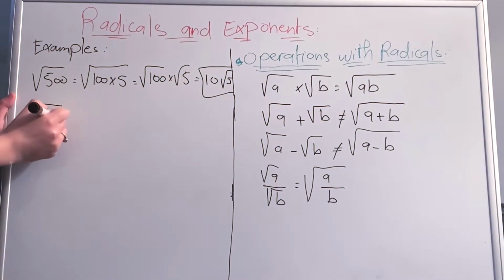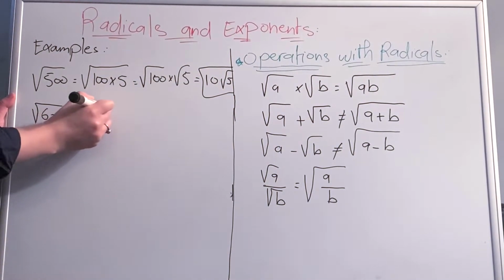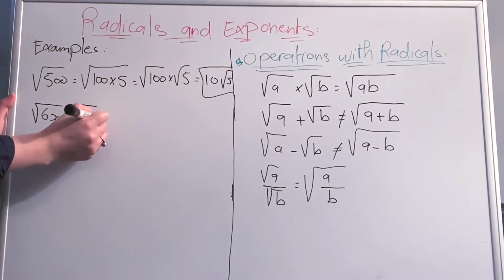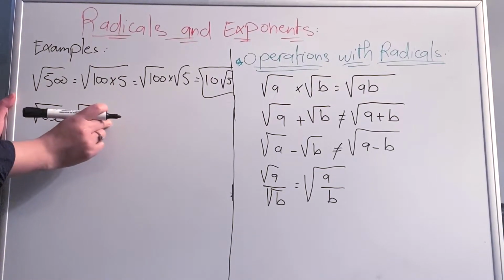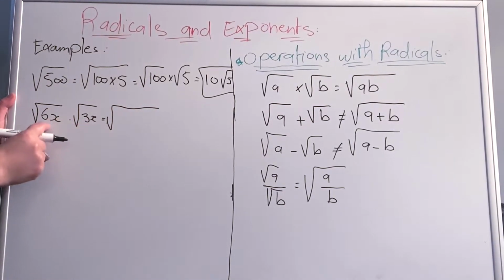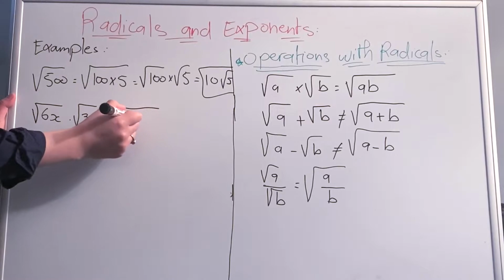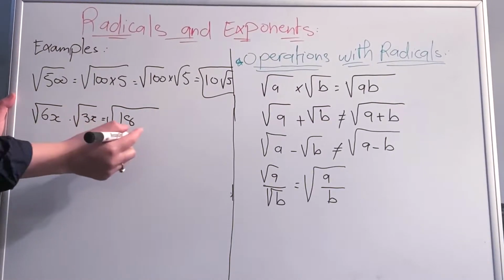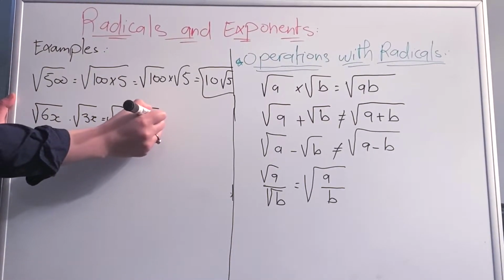Square root of 6x multiplied by square root of 3x. So that's equal to the square root of 18, since 6 multiplied by 3 is 18, and x multiplied by x is x square.